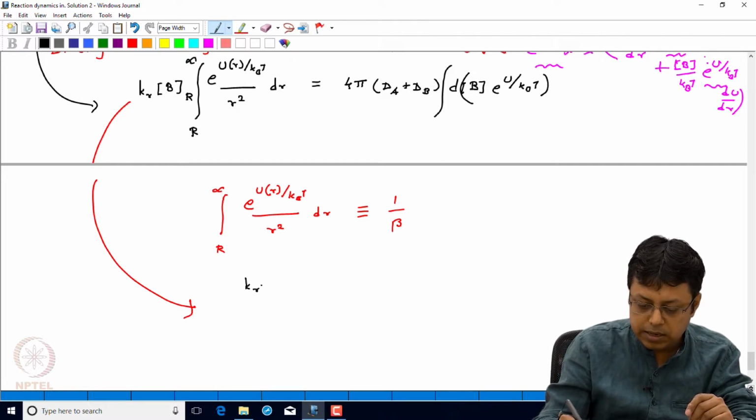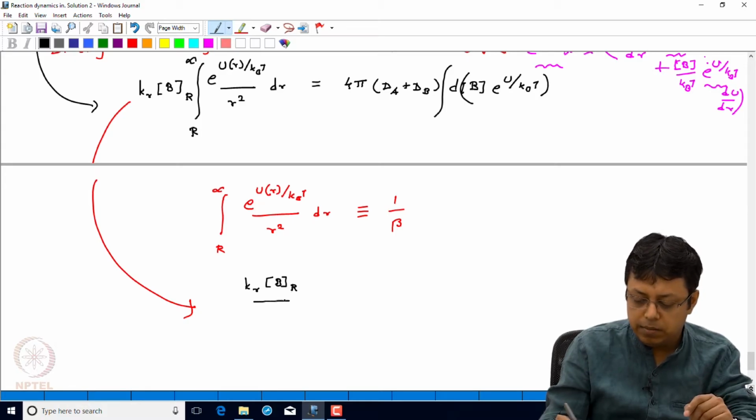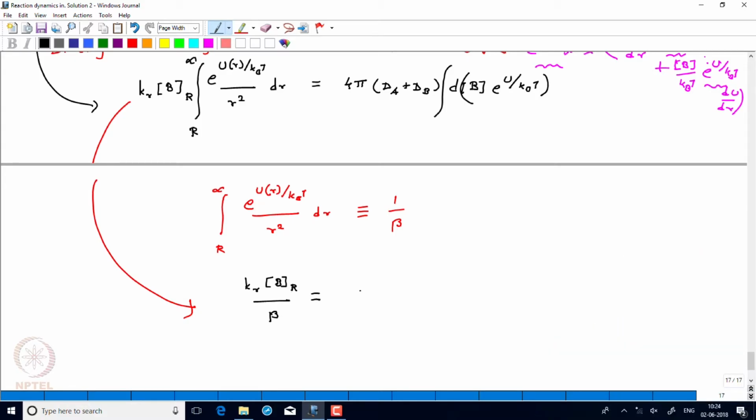So I'll write it as k(R) b(R) divided by beta, and that is equal to 4 pi (dA plus dB), and then I have to evaluate this integral, which is just a straightforward integral, written as b times e to the power u by kBT, evaluated between small r equal to R and small r equal to infinity.